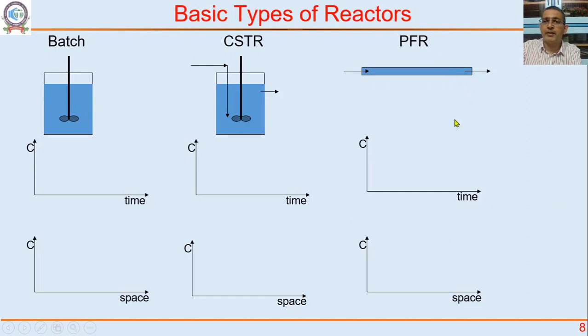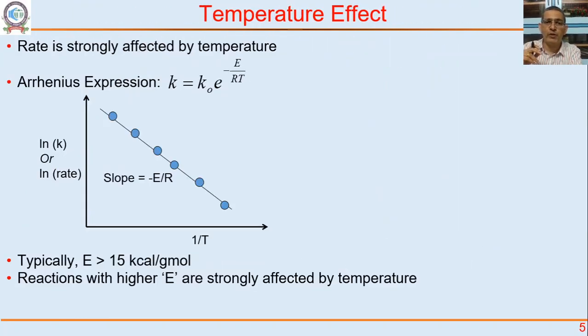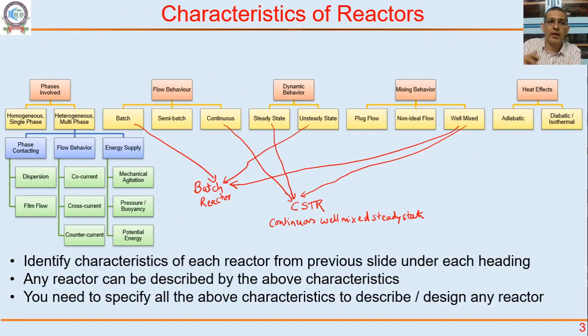The third kind of reactor that you have studied is called a plug flow reactor. You said plug flow in your undergraduate course, whereas what you actually meant is that it is a continuous reactor. It is operating at steady state and the mixing behavior is like plug flow. These three you called PFR, right?